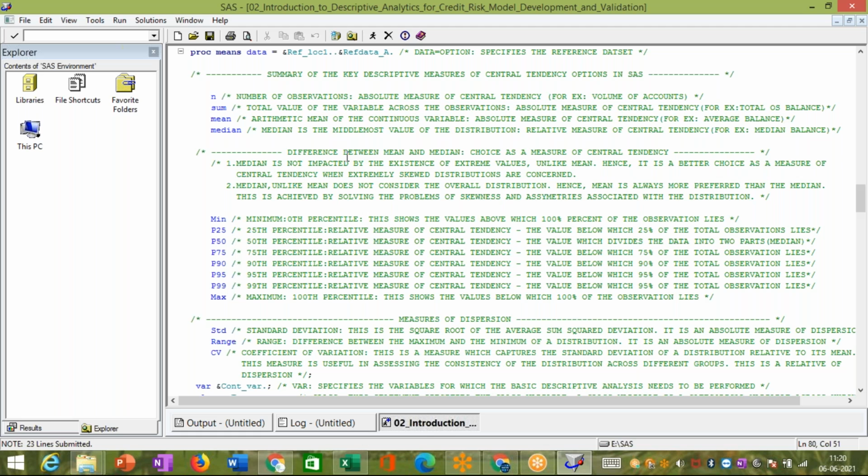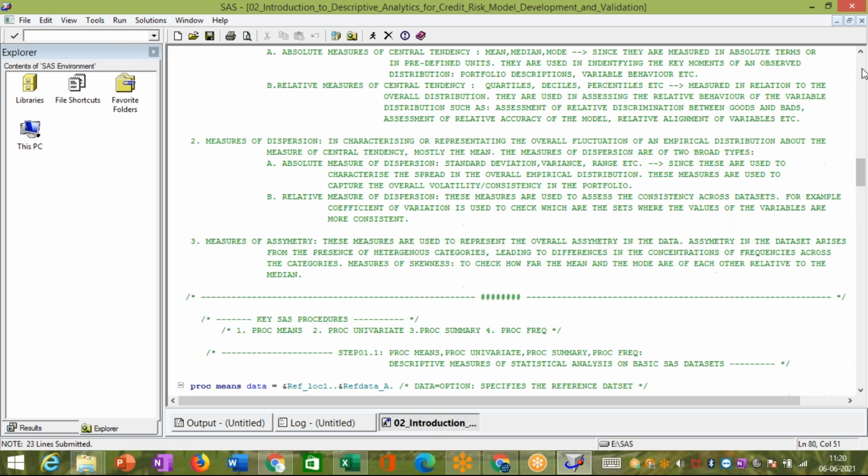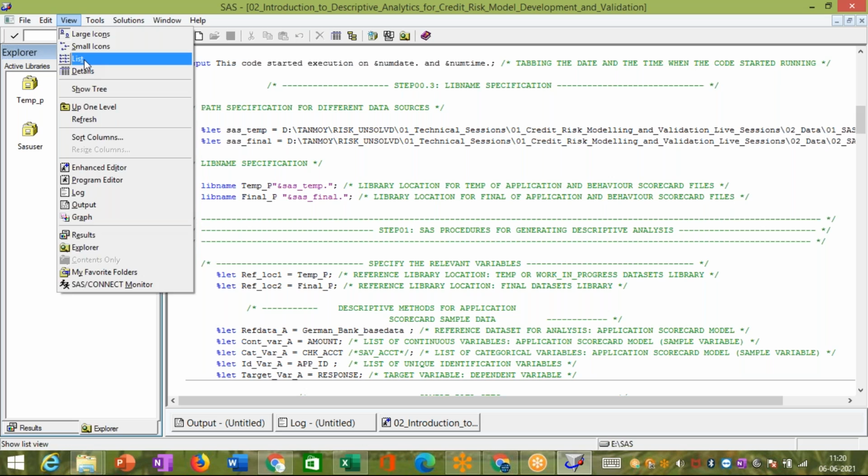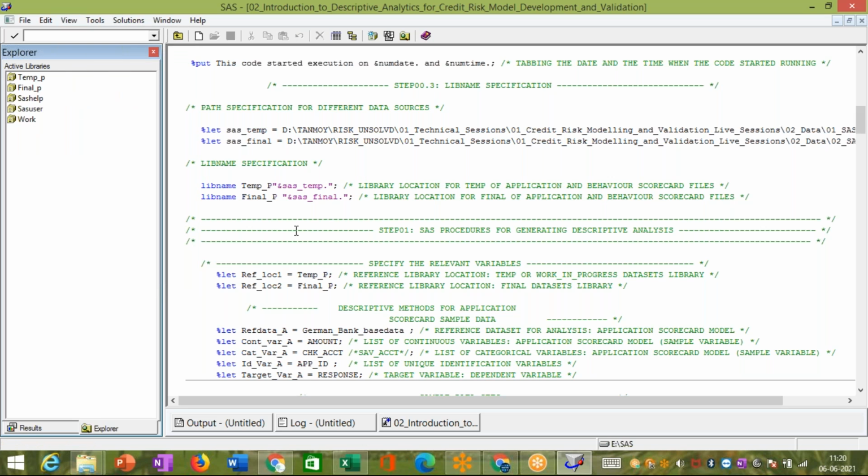So let us start. Let me just run this code first. So I'm doing the proc means for ref location 1. The ref location 1 is the temp underscore p. P stands for predictive modeling, right? And the reference data over here is the German bank based data.